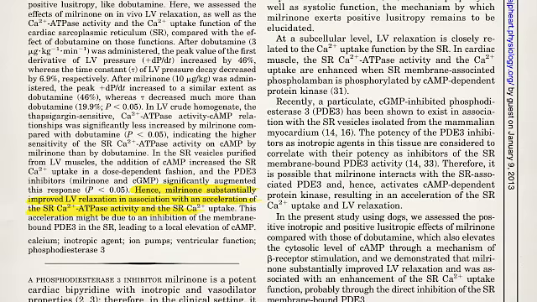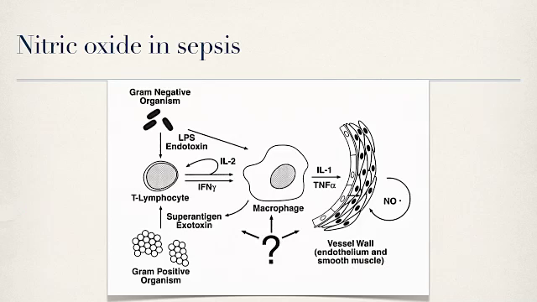Nitric oxide plays a very important role in sepsis. Vasodilatory shock mediated by sepsis really happens from endotoxins in gram-negative capsule causing interleukin release, and interleukin 2 will cause a macrophage to release interleukin 1 and TNF alpha, and both of them will work on endothelium to cause vasodilatation.